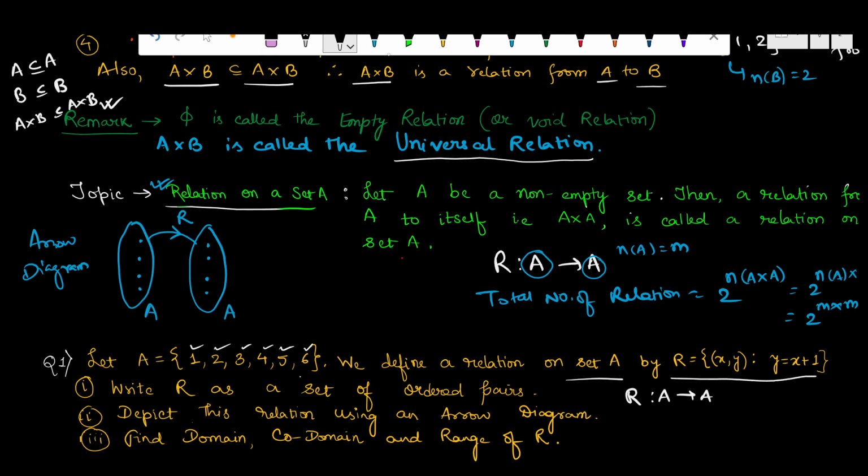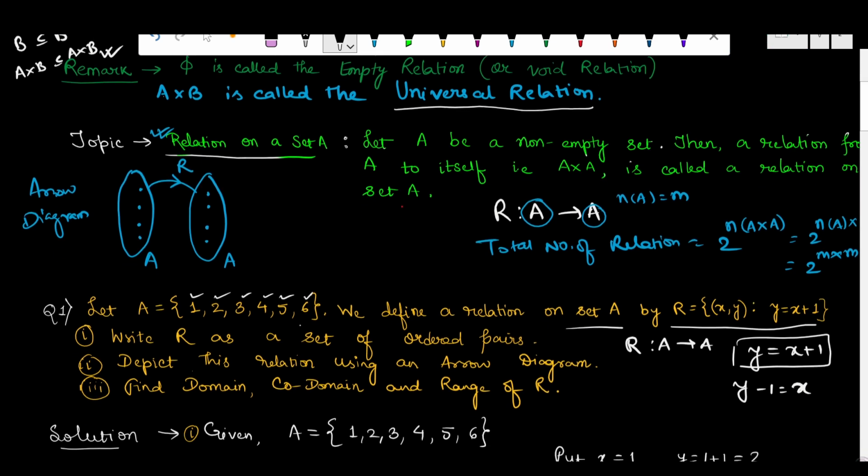This means R contains ordered pairs of the form (x, y) such that the second component is x plus 1, meaning the second component is 1 more than the first component.